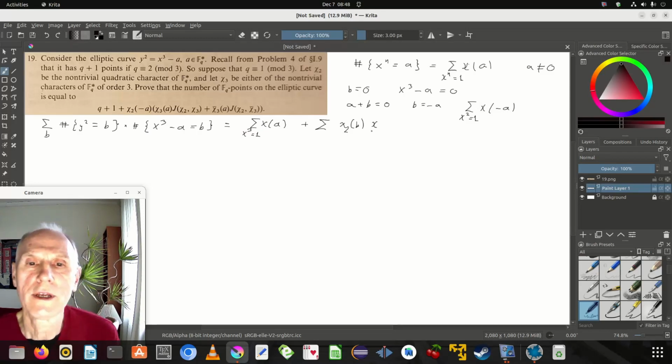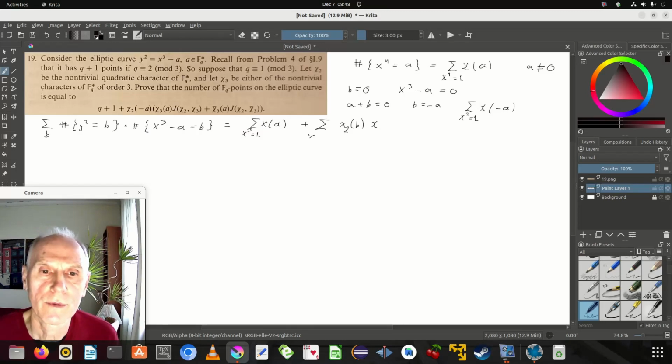There's only one here, so we sum over these guys. That's summing over the 2 of order 3, of course. And that's a plus b. So we should sum over b as well.